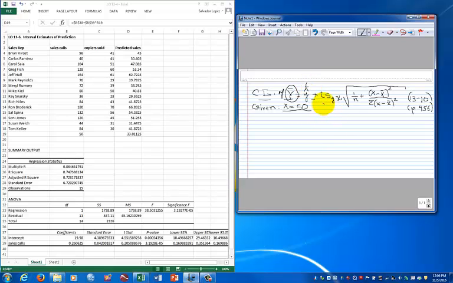And then my plus minus a t-value. Well, since it is a confidence interval, plus minus, this is a two-tail t-value that we use at the 5% level.